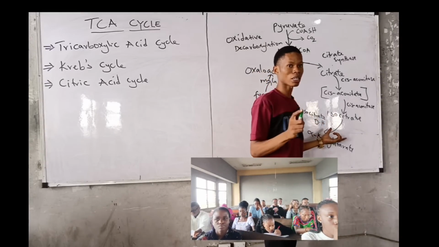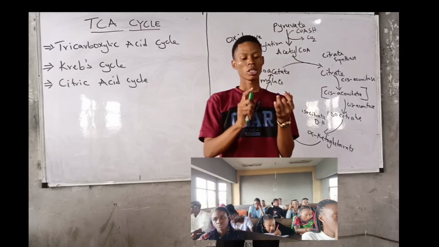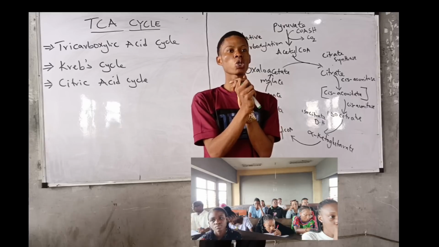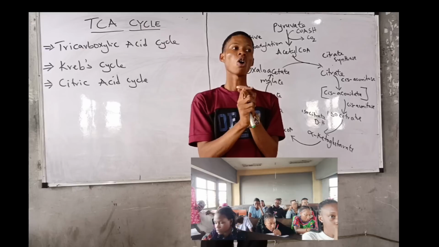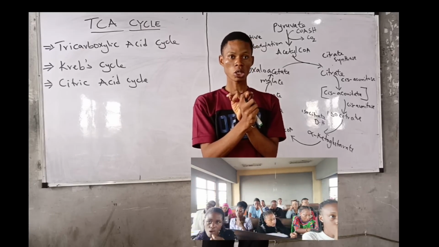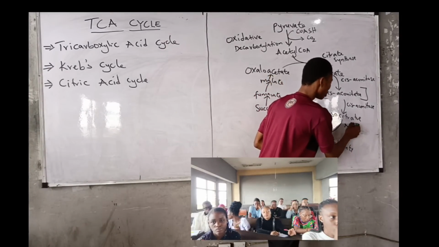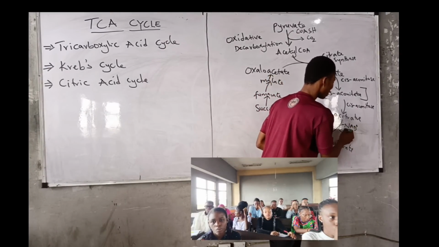Isocitrate dehydrogenase is the name of the enzyme catalyzing that reaction. And if there's a dehydrogenation reaction, it's either NAD+ is converted to NADH, or FAD is converted to FADH2. Is it not? Now in this case, NAD+ is converted to NADH.